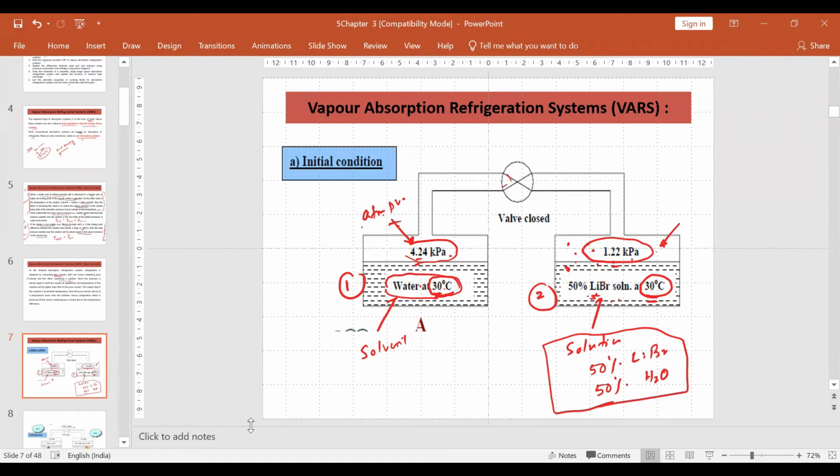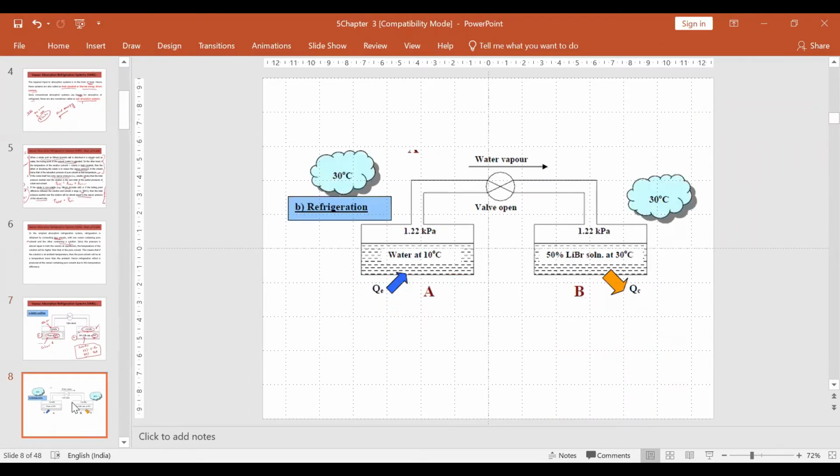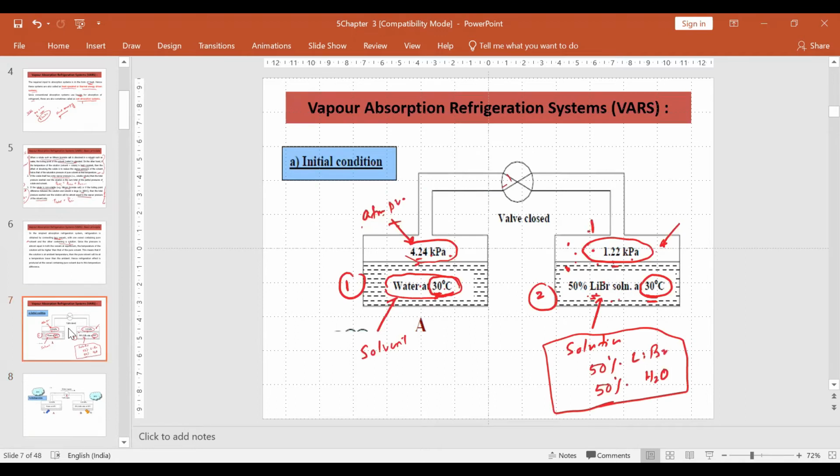The next part. Now we'll open the valve. The valve is open. What happened? Now this is connected. As a result, originally the pressure is 1.22 kilopascal.